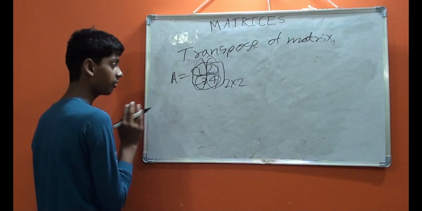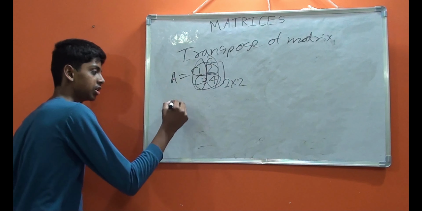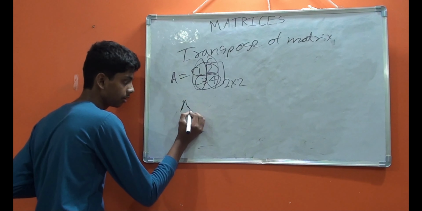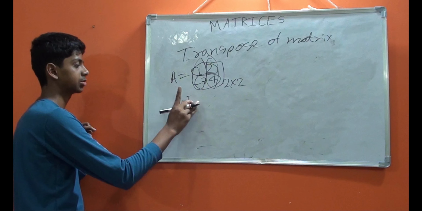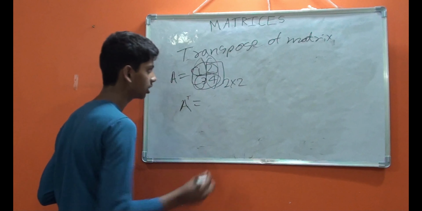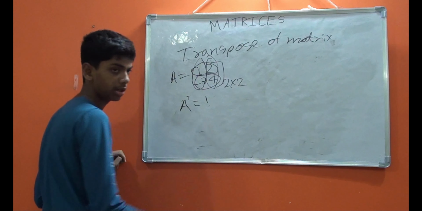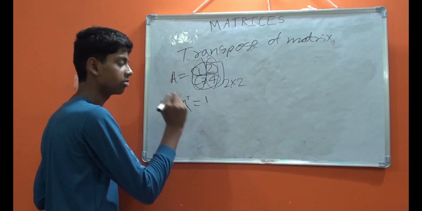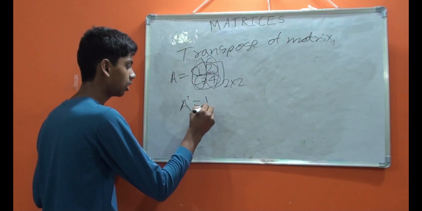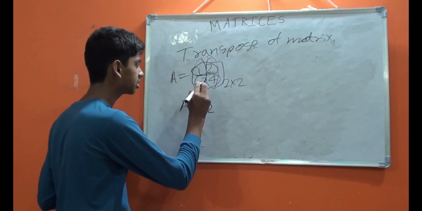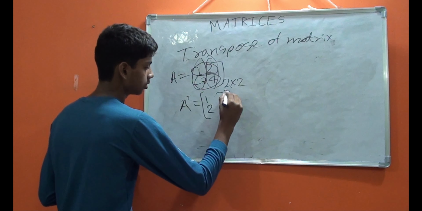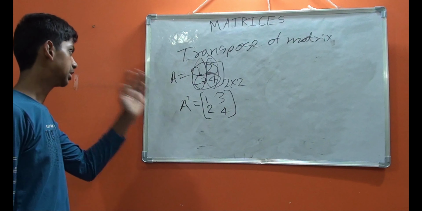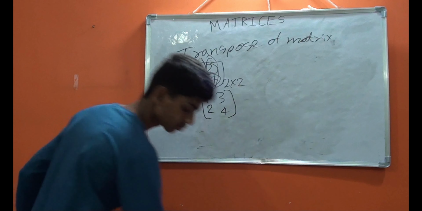The transpose is written as A to the power of T. So this is the symbol of transpose. So now this equals 1. Now the first row becomes the first column, so 2 comes here, and the second row becomes the second column, so 3 and 4. So this is the transpose of matrix A.